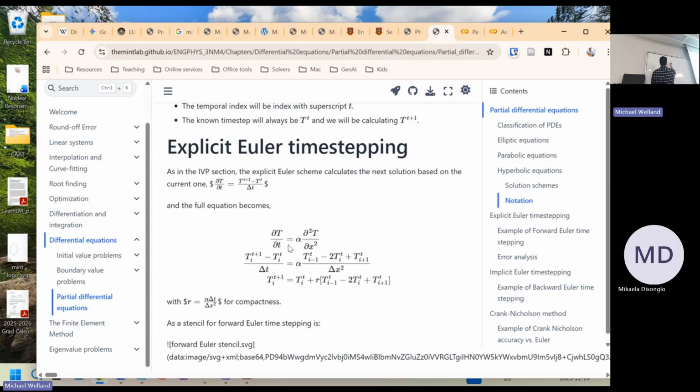And now x prime goes from 0 to 1. When you plot your solution, what you're actually plotting is your temperature versus x prime, which is x over a.